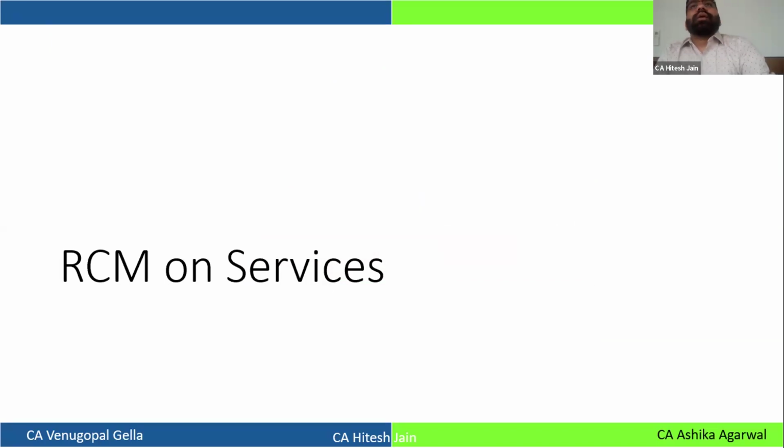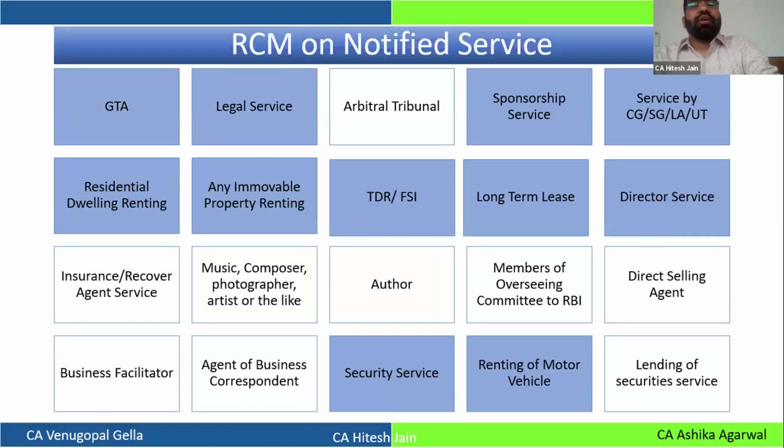Now we will start with the most important part of RCM discussion, which is RCM on services. Because for goods, there is a specified list, and on such specific goods only RCM will be applicable. But in practical life, as we see day in and day out, mostly RCM is applicable on service transactions rather than on goods transactions.